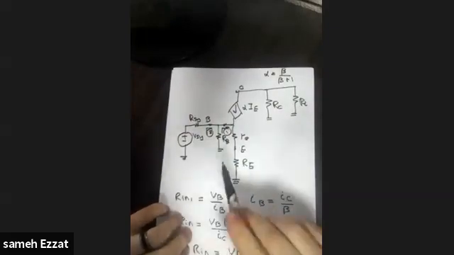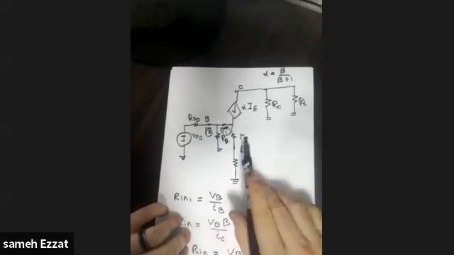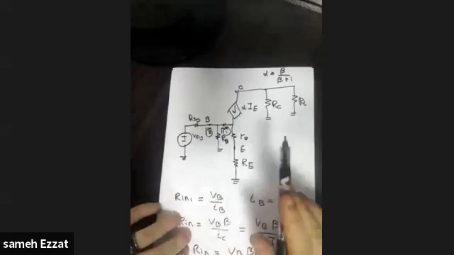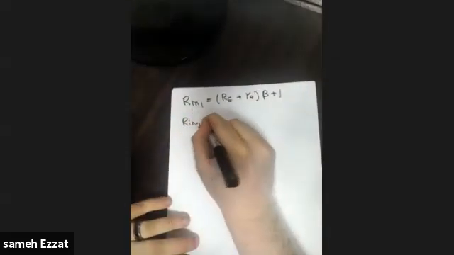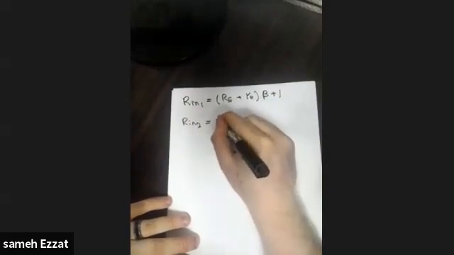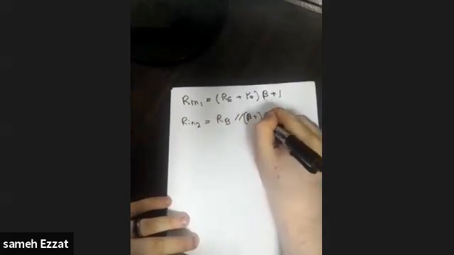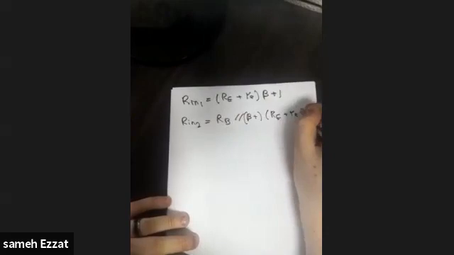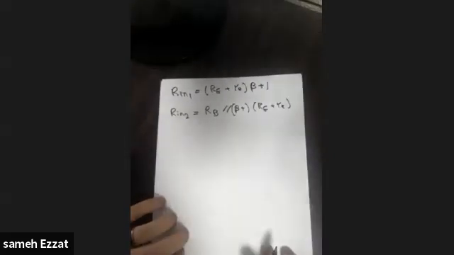Oh yeah, it's simply the same as we calculated in number 1, parallel to RB. So the equivalent resistance from here parallel to RB. So you can say that Rin number 2 is simply equal to RB parallel to beta plus 1 times re plus RE. So this is the second input resistance.